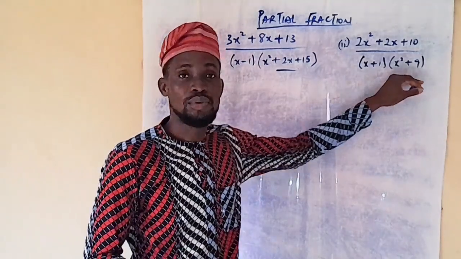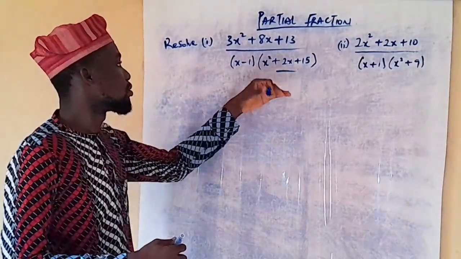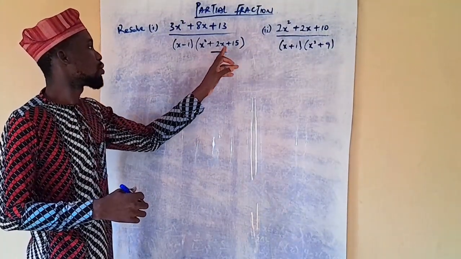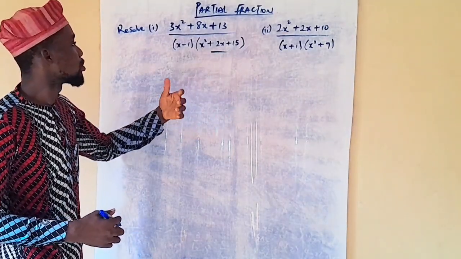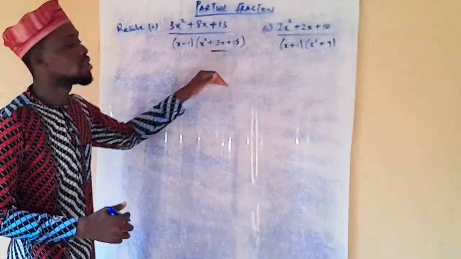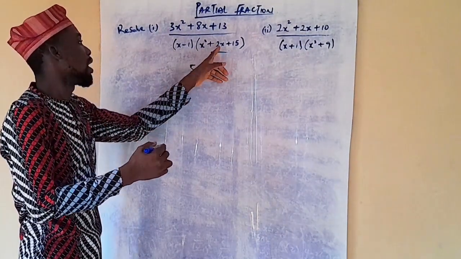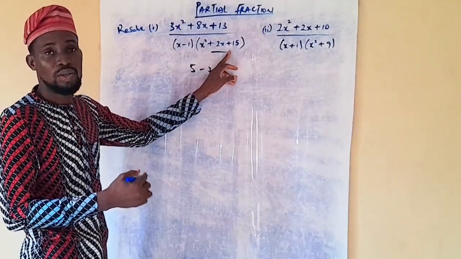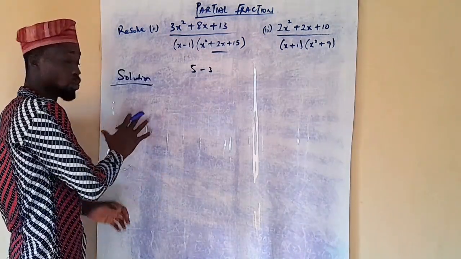Looking at x squared plus 2x plus 15, you would say 3 times 5 is 15, and 5 minus 3 is 2. But 5 times minus 3 will give me minus 15, and I have plus 15 here. So automatically it is non-factorizable.